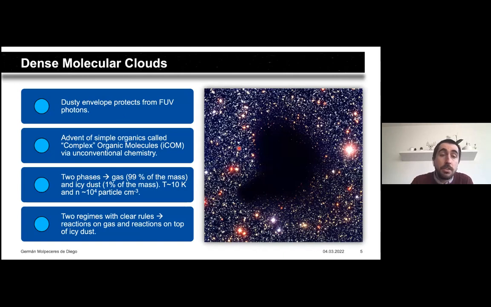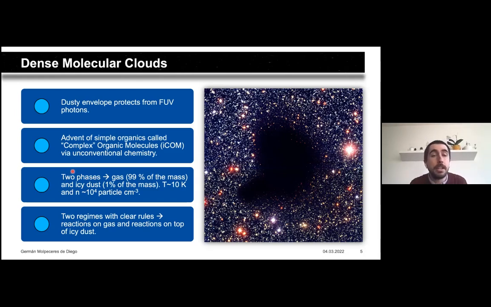This allows for a buildup of chemistry that occurs in two different phases: the gas phase, that constitutes 99% of the mass of these clouds and is mostly made of hydrogen gas, and on top of ice-covered dust grains. Why ice-covered?